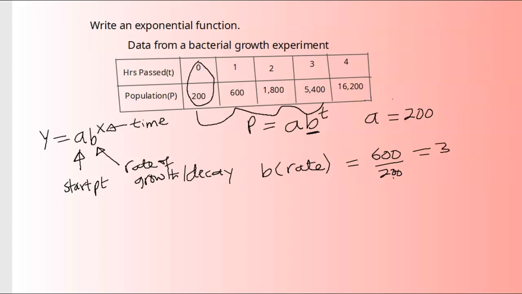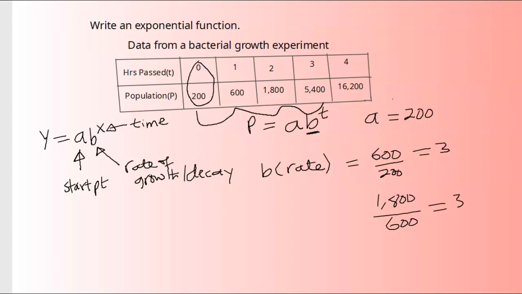Check one more to be sure: 1800 divided by 600 also gives us 3. So the 3 is a constant rate of growth.